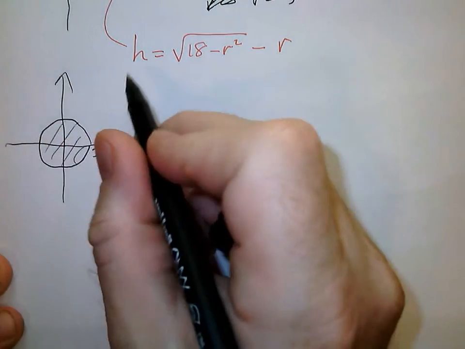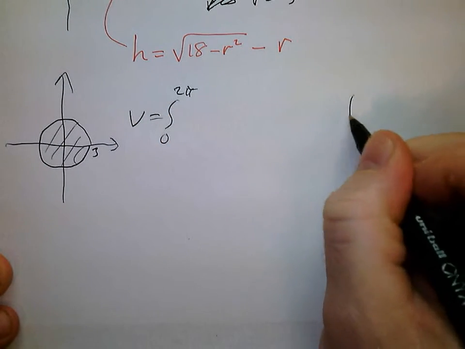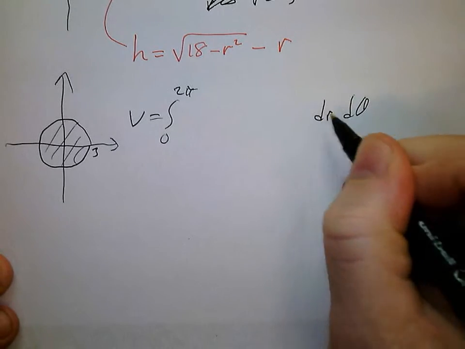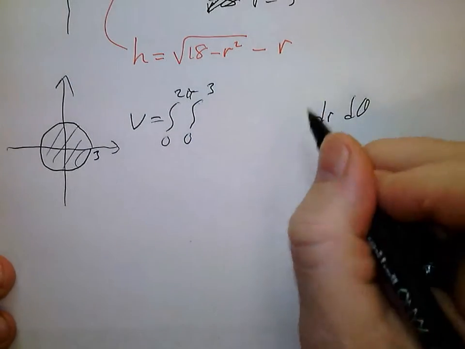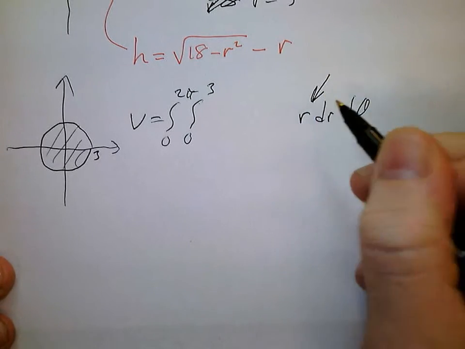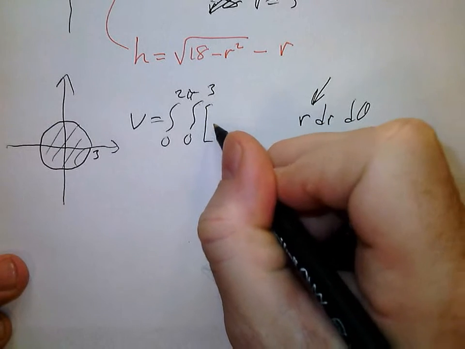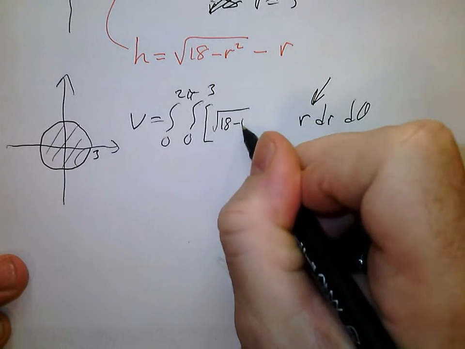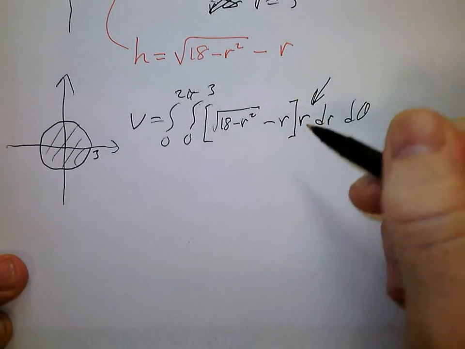So our volume is going to be the integral 0 to 2 pi d theta, and then 0 to 3 dr. You have this r here that you don't want to forget about. That's from the transformation. And then in here we have square root 18 minus r squared minus r.